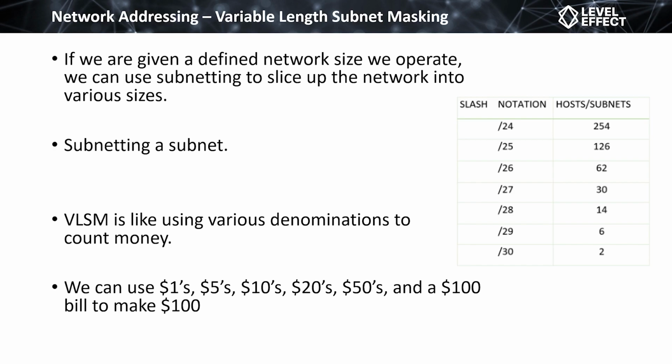So you can use VLSM, or variable length subnet masking, to use these different denominations of sizes that still equate to the whole $100, but it's broken up into more manageable defined values that you can now divvy up. You can give somebody a $10 size network, you can give out the 2 $20 size networks, and then you can give somebody who needs that big $50 size network, so that everybody has just enough IPs for their use case, but we're not wasting IPs because we had to give a really big network. We don't want to give $50 in IPs when somebody only needed $10 in IPs, right? We have $10 networks for that use case.